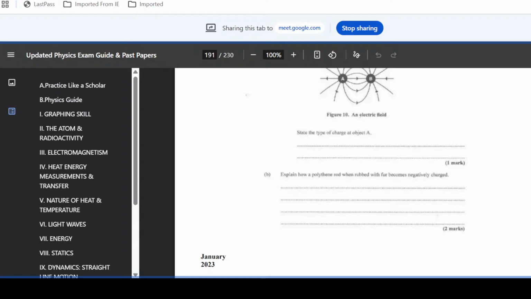What was the other one? All right, so charging by induction. In induction, you're not physically touching the object, or you're not bringing anything in contact with the material. It's just based on proximity. All right, so the closeness of it.